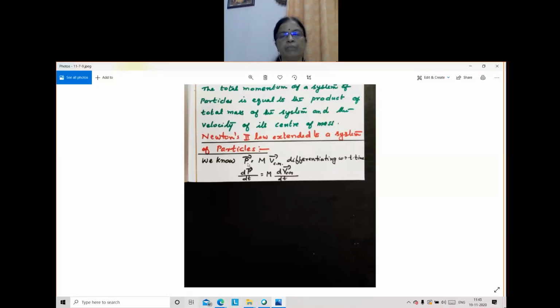Then the rate of change of momentum, mathematically dP by dt, equals M into, here also we have to differentiate with respect to time, so dV by dt. dP by dt equals total mass M into dV by dt, this is about the center of mass or the momentum of a system of particles. What is dV by dt?